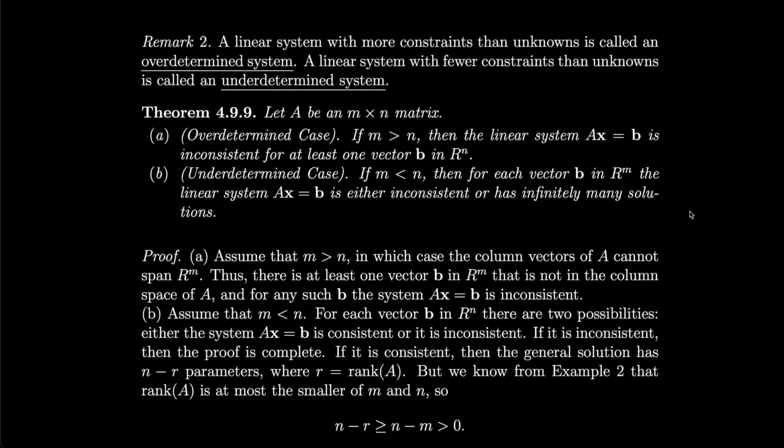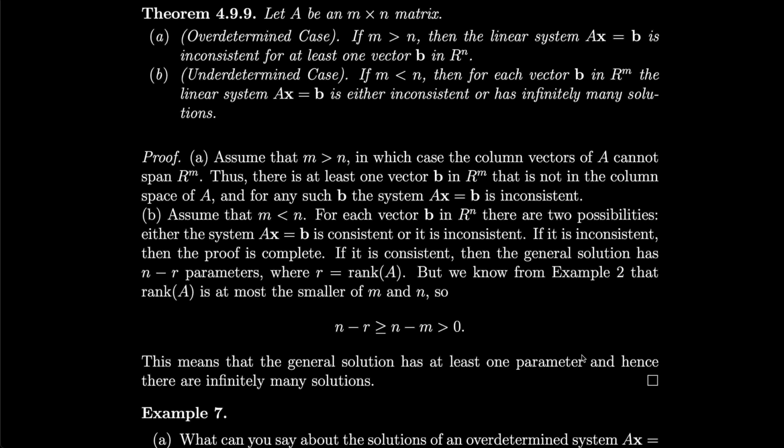And we know from example 2 that the rank of A is at most the smaller of m and n. So that means that n minus r is greater than or equal to n minus m, which is greater than or equal to 0. So that means that the general solution has at least one parameter, and hence there are infinitely many solutions.